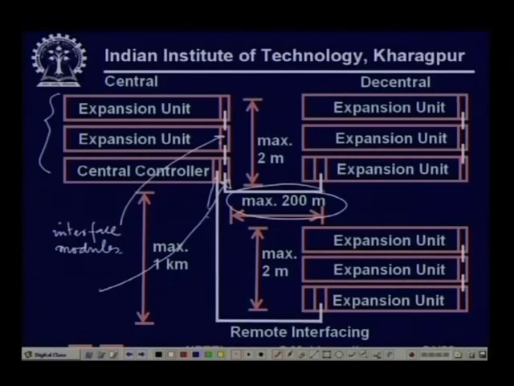And sometimes you can have remote interfacing, where you have your CPU, your basic PLC system, in some control room, while you have these various interface units on the various shop floors, which could be even half a kilometer away. For such cases you need special interface units which are called remote interface units. So, this is the way that all these elements are connected with each other and buses are extended.